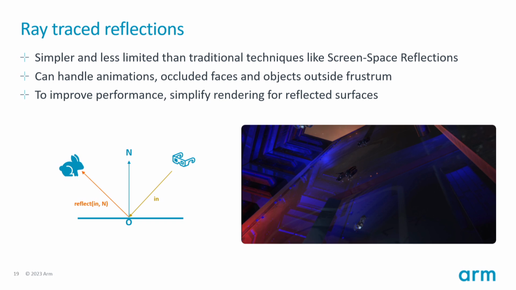But most of the time, since they will be blended with the color of the reflective surface, we could optimize the technique by simplifying the calculation of the reflected color rather than using a full PBR.